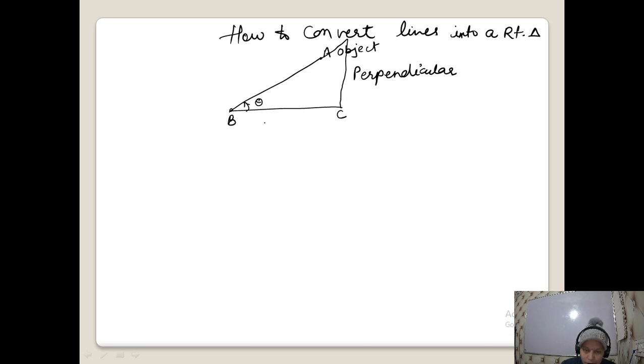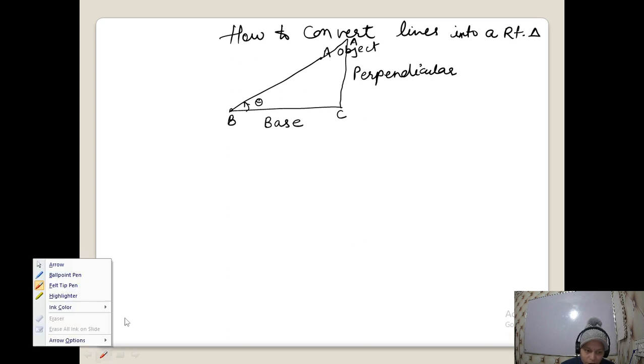And this line, that is the horizontal line, is known as base, and the AC line is known as perpendicular.